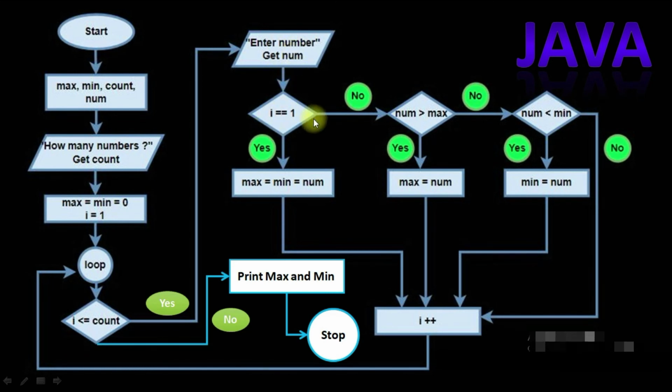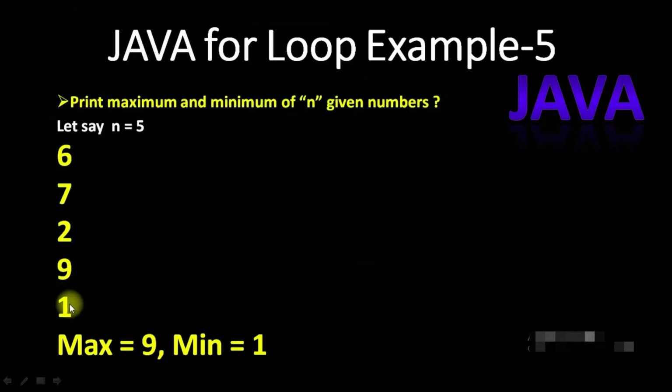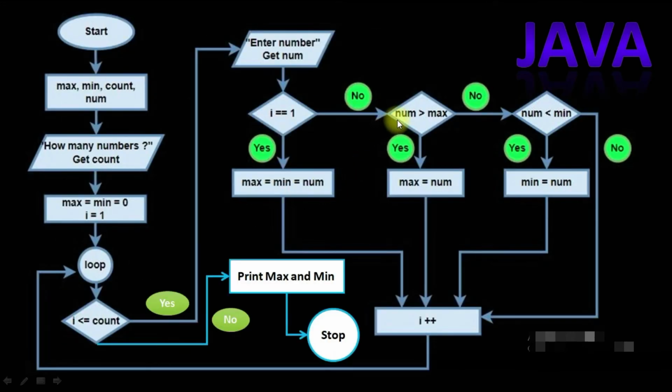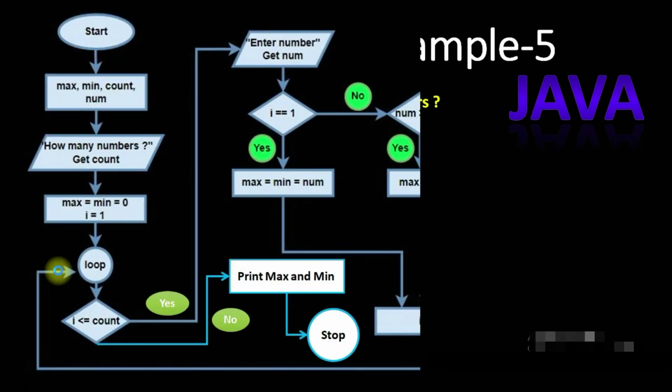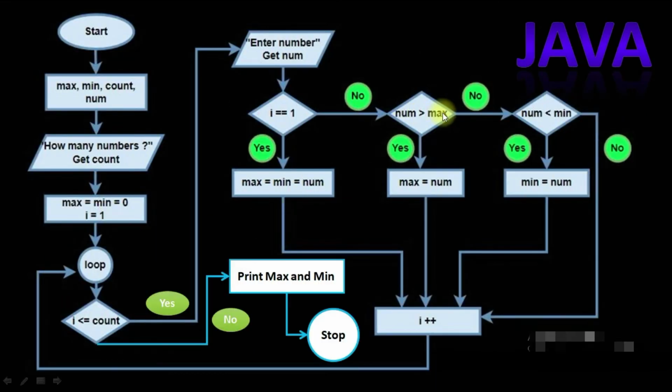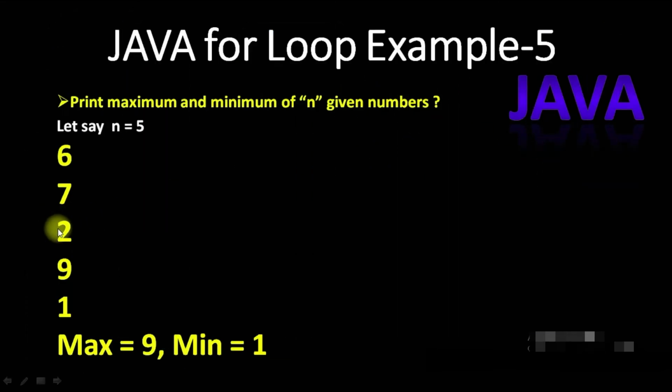It is not the first iteration, it will go to the no path, then it will check, number is now set as 1. So is 1 greater than max? Max previously we set 9, so it will check 1 greater than 9? No. So it will go here, then again check the condition, 1 less than min, previously min was set to 2, right?